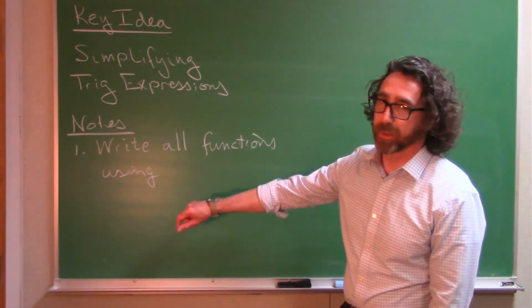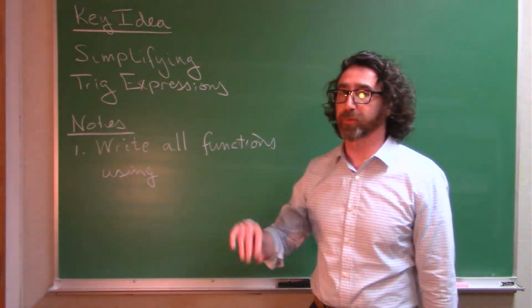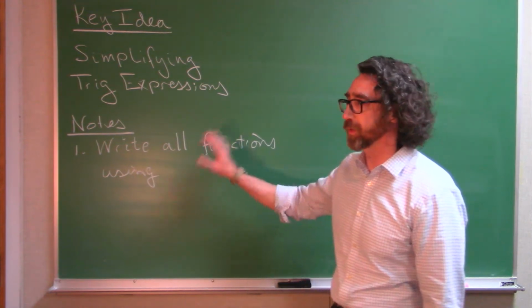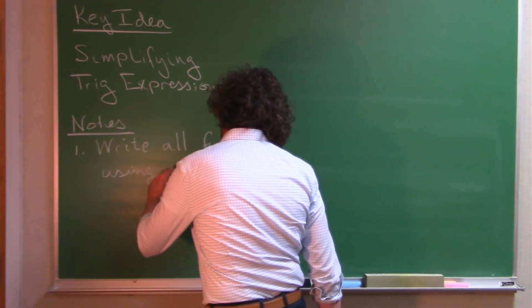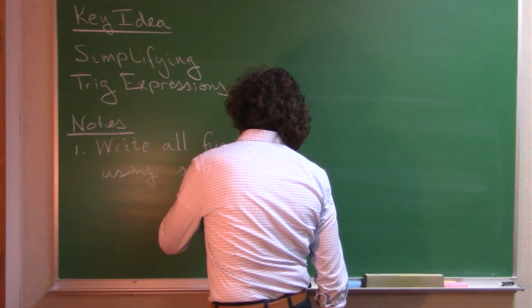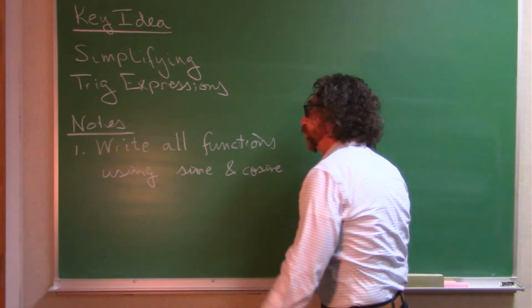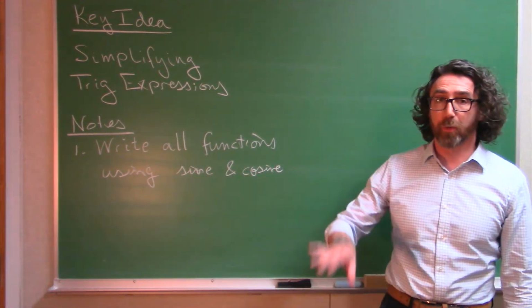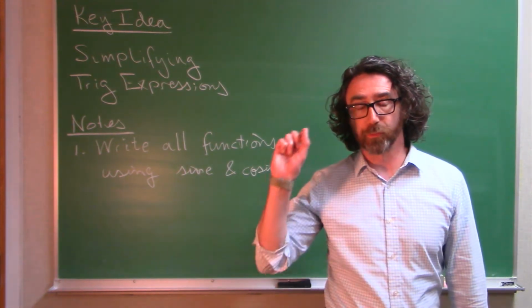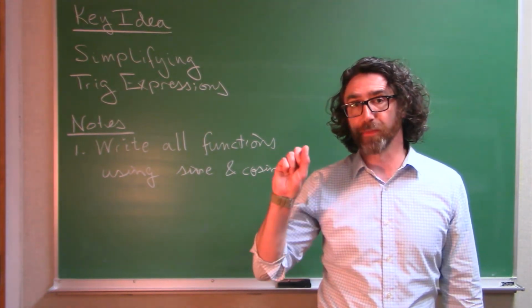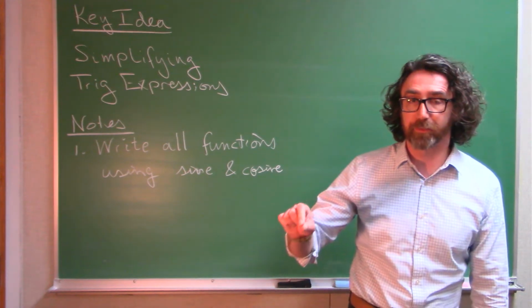First thing I would recommend if you want to simplify a trig expression is write all the functions involved using sine and cosine exclusively. If you go back and look at some previous videos, you'll find information about the reciprocal identities.